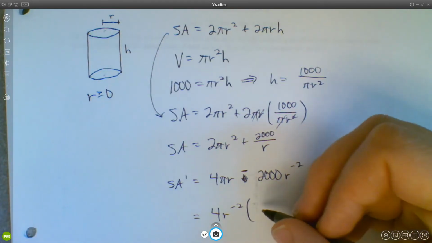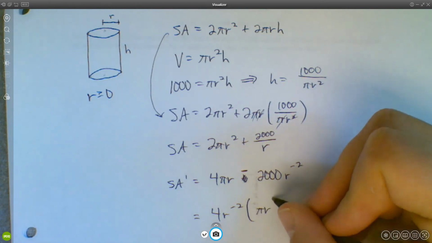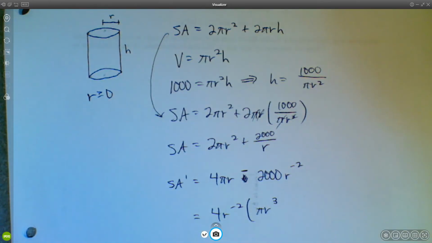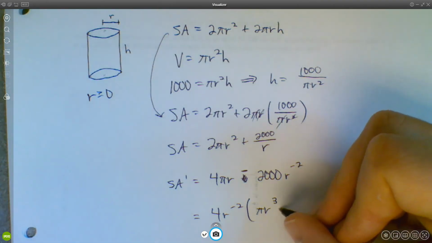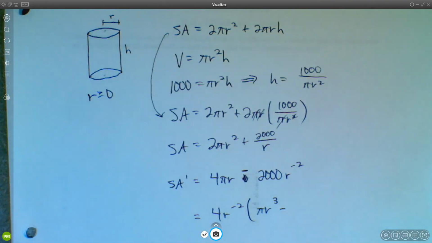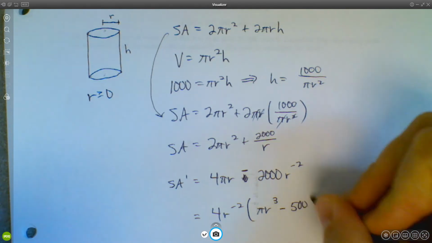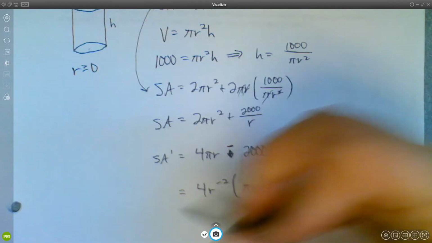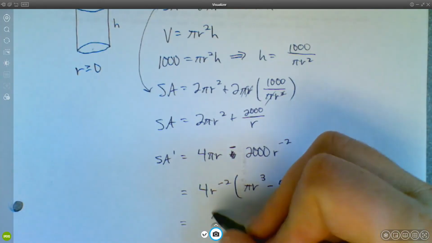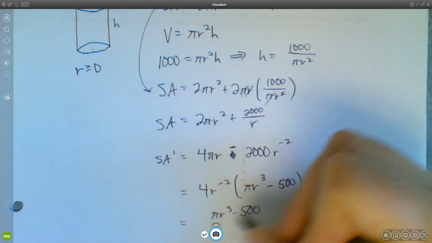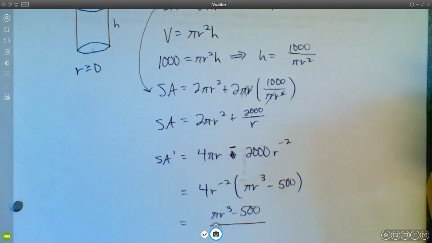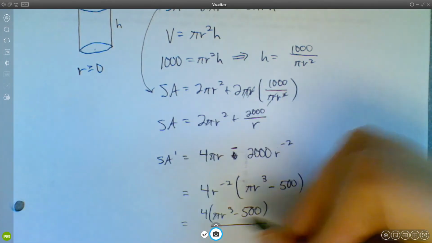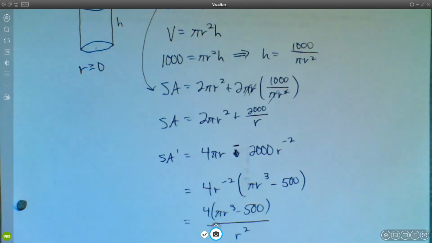We'd be left with pi r cubed minus 500, of course. Or in other words, this would be 4 over r squared times pi r cubed minus 500. Good.